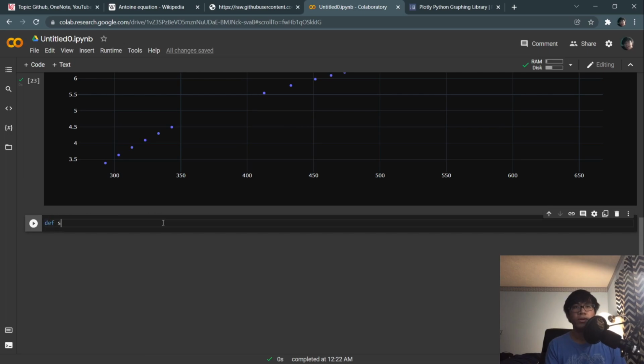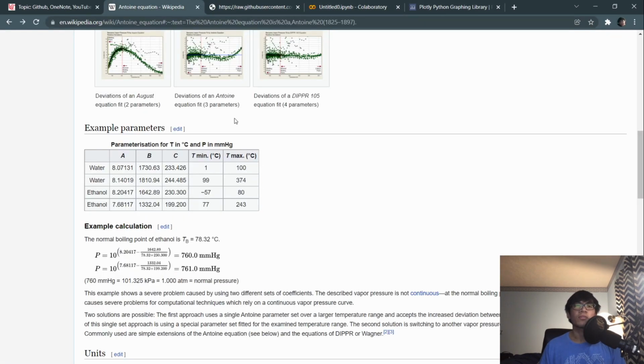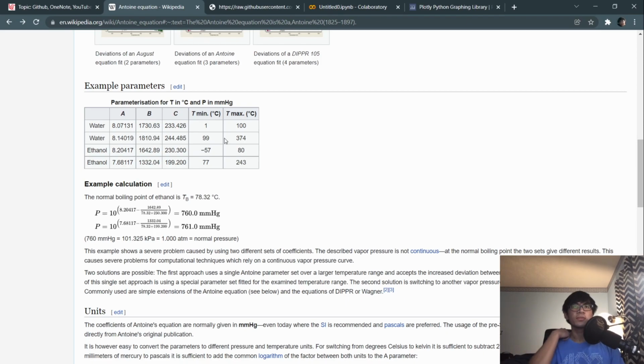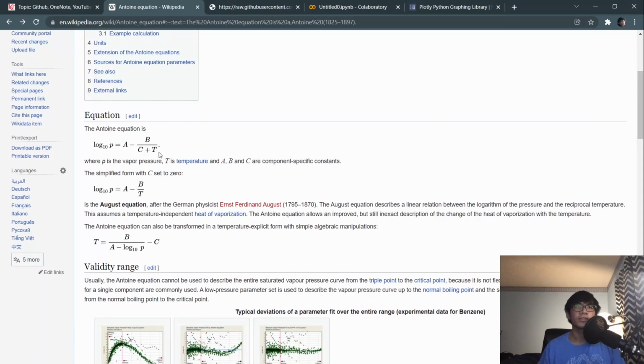So we're going to define a function that returns us a vector array. And in that vector array, what's going to be in it? What are we trying to minimize in our function? Well, we have pressure, we have temperature. So what else do we need?